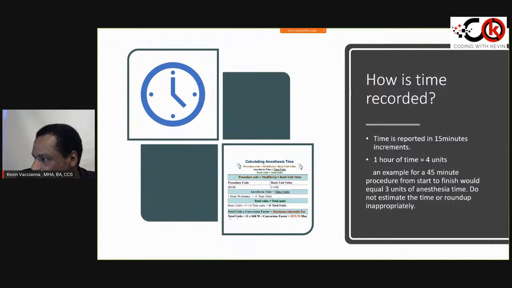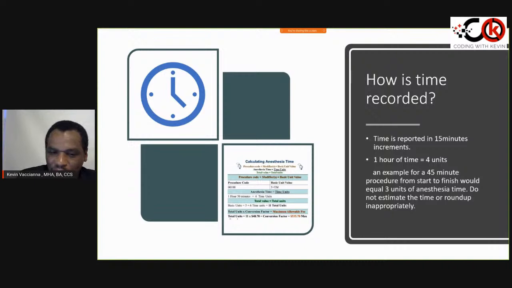So, for example, looking at code 00100, that's a procedure code. The base unit value is 5 for that code. So it's going to be 5 plus time. The time for this is reported in 6 units. How do you arrive at that?